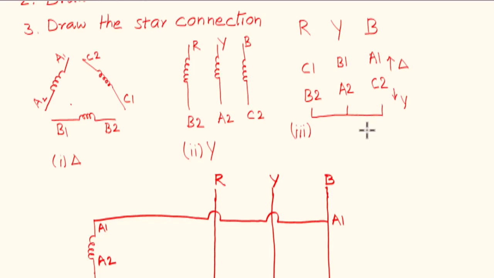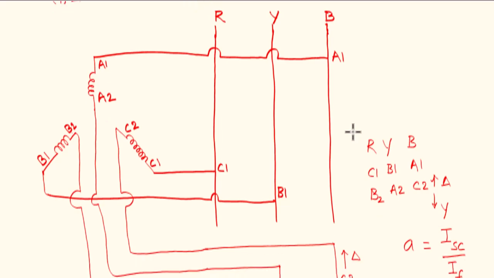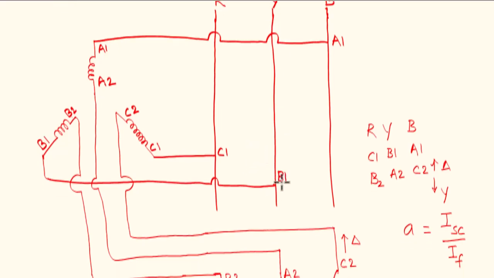The necessity of the star connected winding in the delta connected squirrel cage induction motor is to reduce the initial current to a safe value. Let us see the diagram with the windings. These are the three-phase AC supply, and A1 is connected to the B phase of the supply, C1 is connected to the R phase of the main supply, and similarly B1 is connected to the Y phase of the main supply.